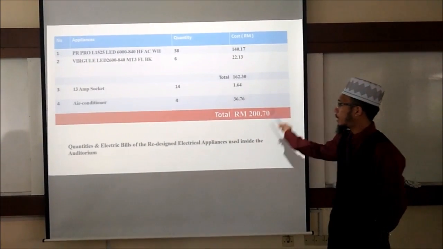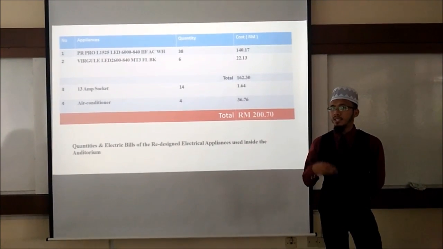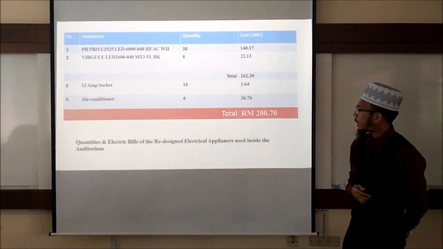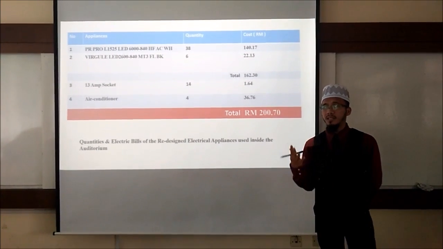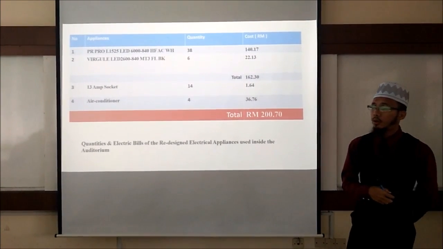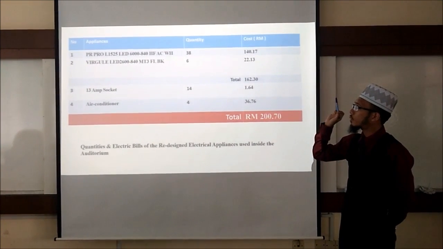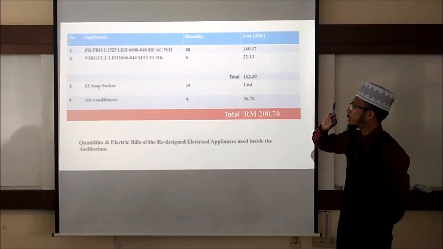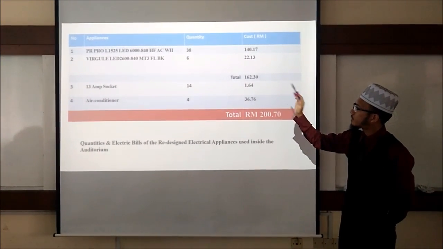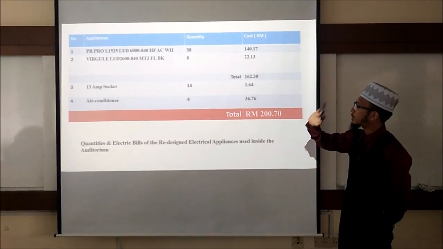Next one. Okay, so after we calculated the different types of costs, we redesigned our luminaires in our auditorium, and this is the result, where we use the LED bulbs, and we still use the 6 spotlights.